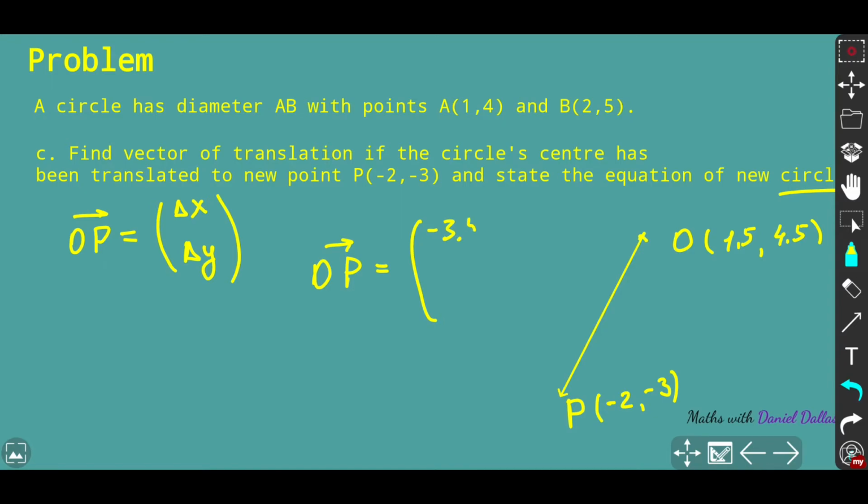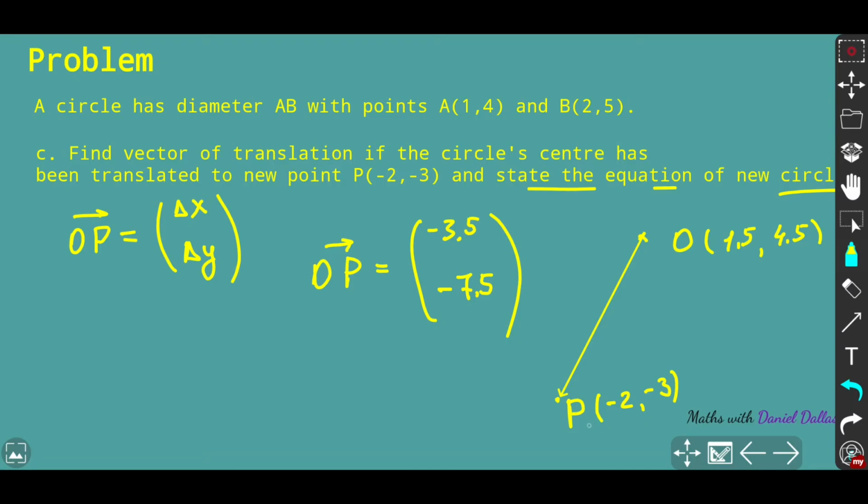This is the change in x, and the same for y coordinates: -3 and -4.5 gives -7.5. Because we've got the new coordinates, so we've got the vector of translation, and we can state the equation. The new center right now is point P.